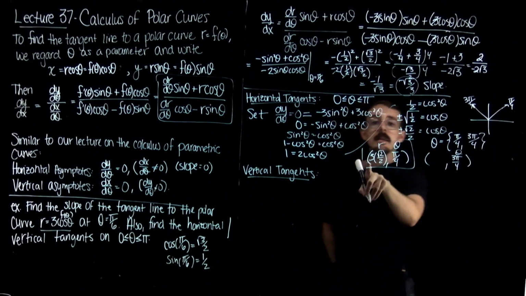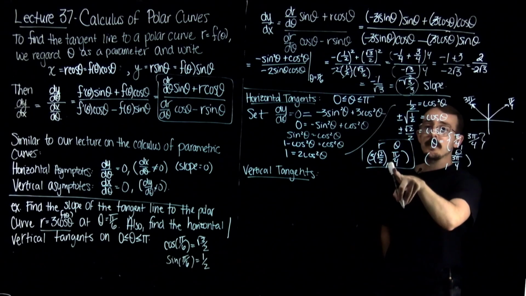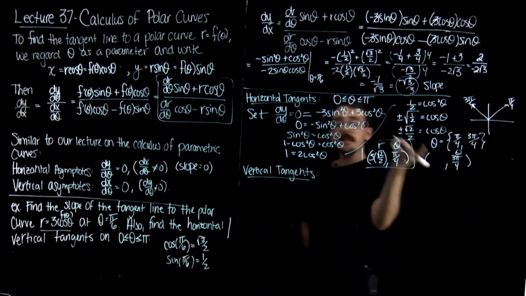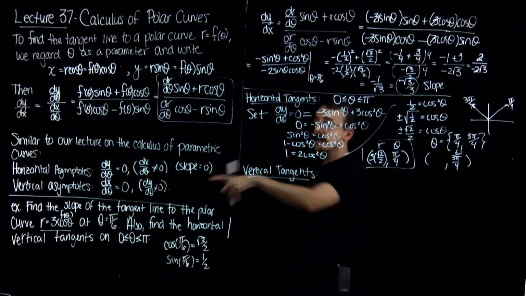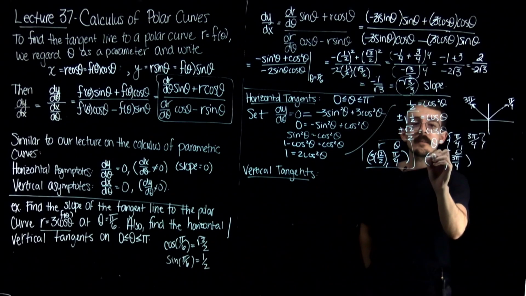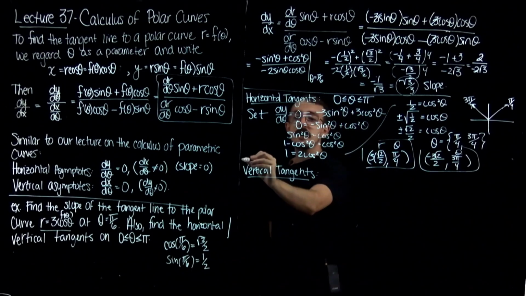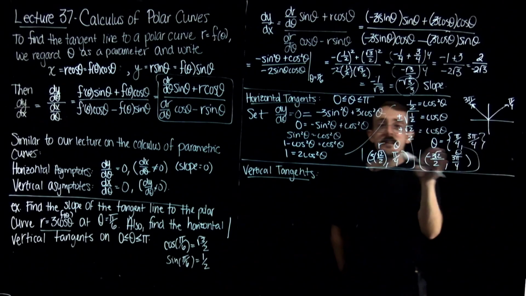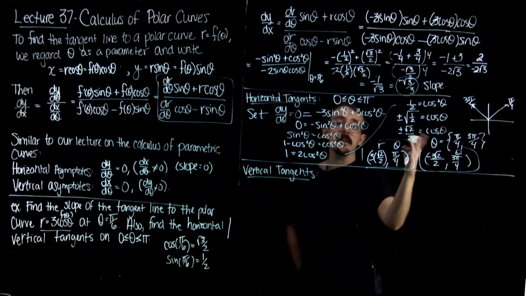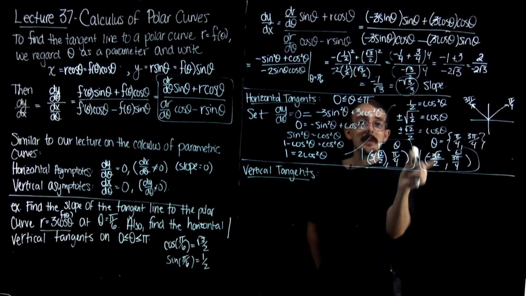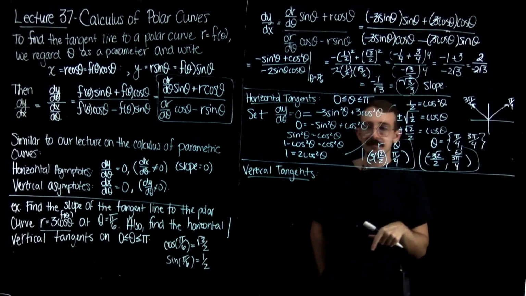So one of the points is 3 root 2 over 2, pi over 4. The other one, if you plug in 3 pi over 4, you're going to get negative 3 root 2 over 2. So these are the two spots where you have the horizontal tangent lines.